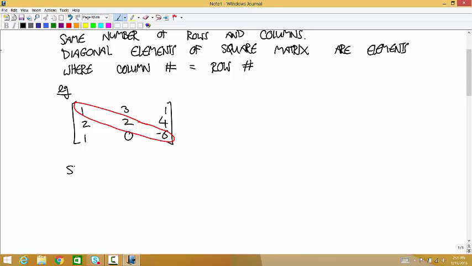One special case of square matrices are symmetric matrices.